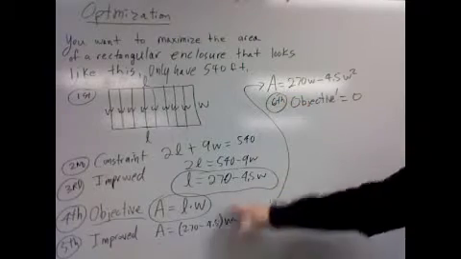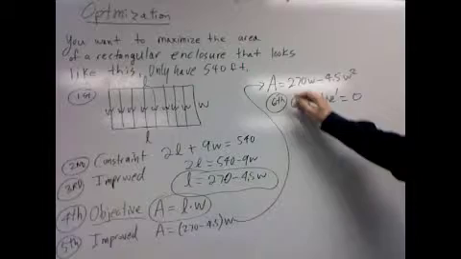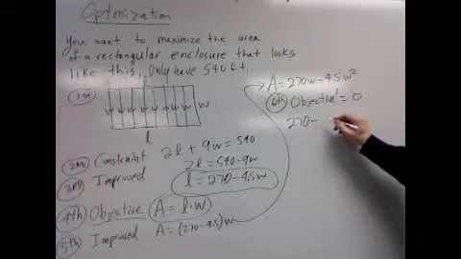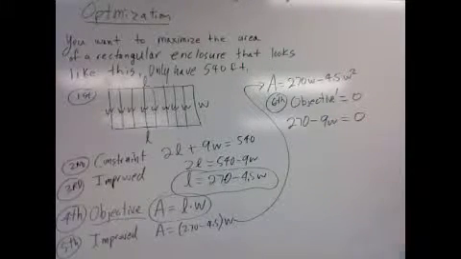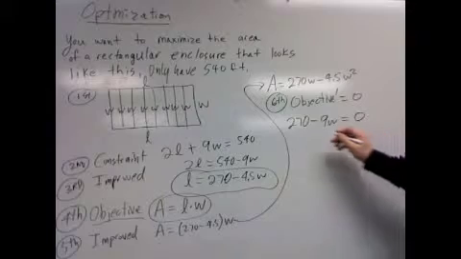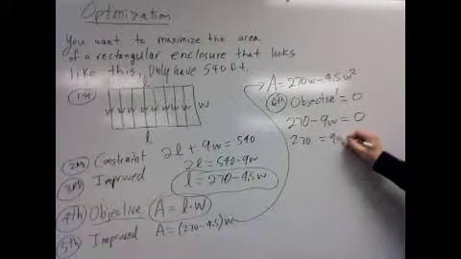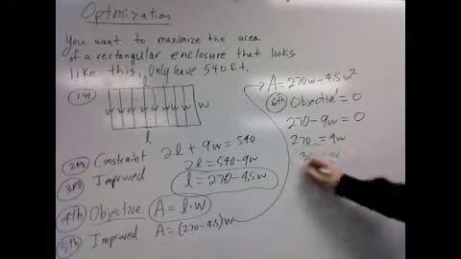The reason we wanted it with just one variable is so we could find the derivative of this, which is 270 minus 9W. Set it equal to 0, and you're on your way. Add 9W to both sides, divide by 9, and you find out that the width is equal to 30.